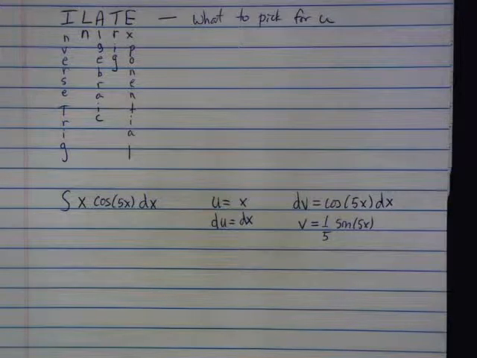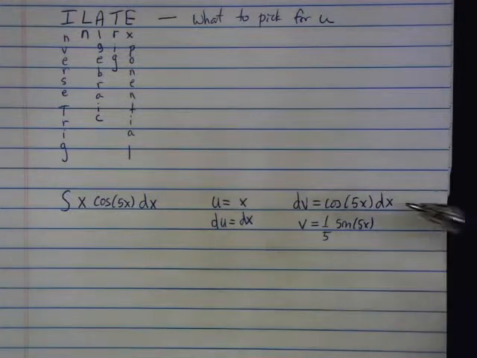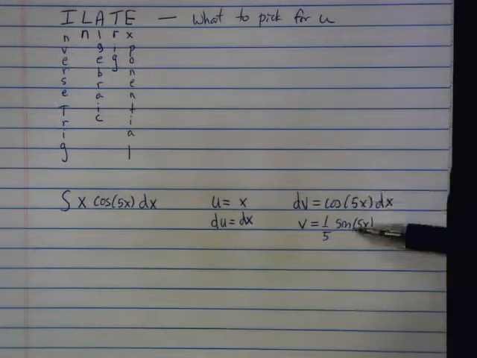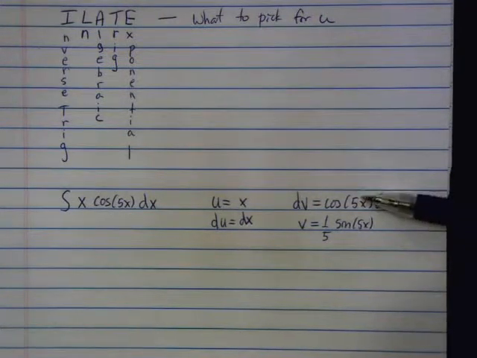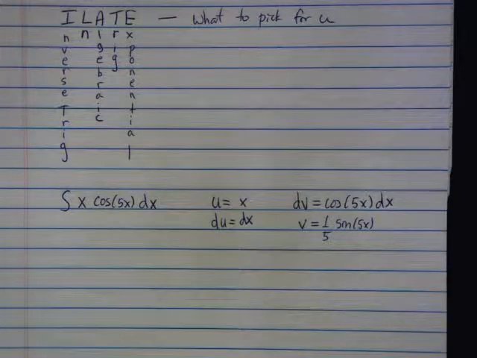Why are you dividing by 5? Go backwards. Chain rule backwards. That's exactly right. Technically, that's a u substitution problem. I don't expect to see the u substitution written out there. I expect you to understand that if I took the derivative, I'd have to multiply by 5. So if I take the antiderivative, I have to divide by 5.